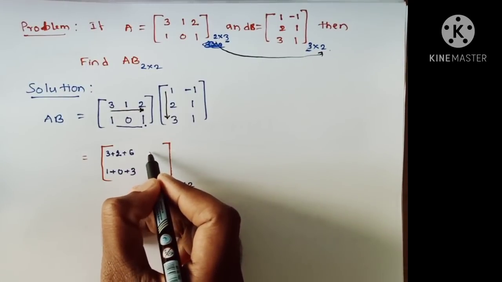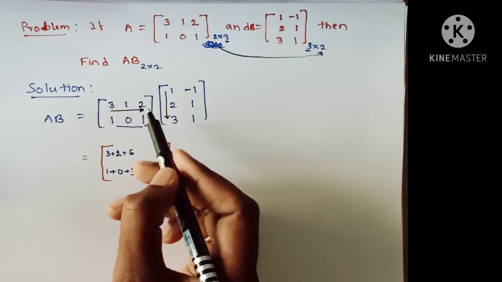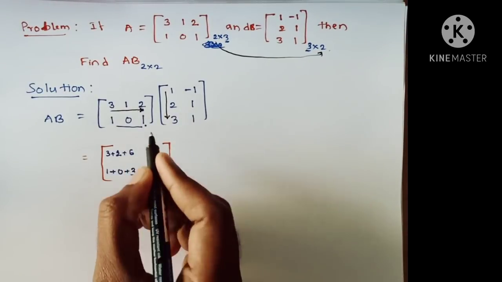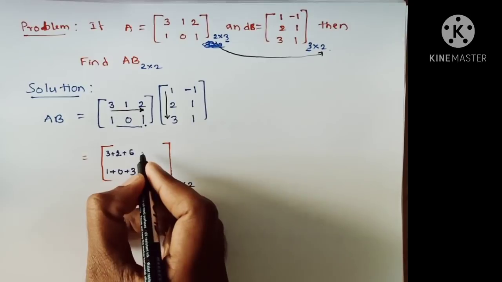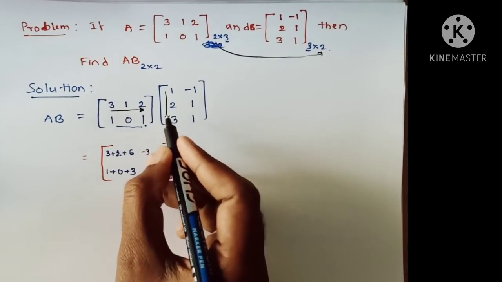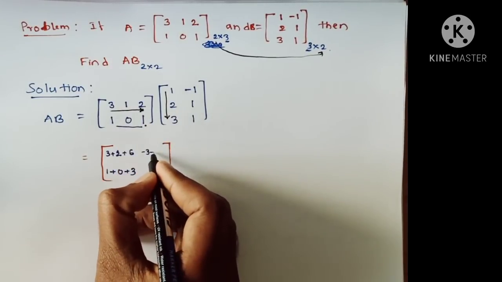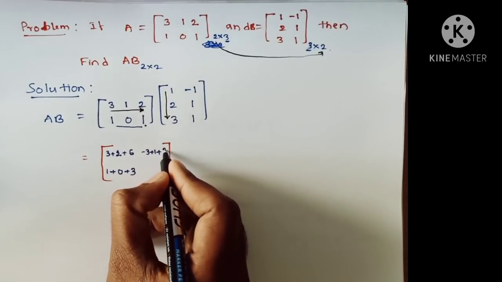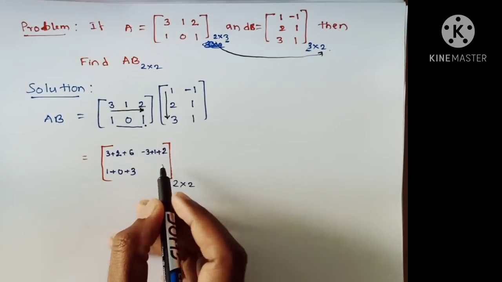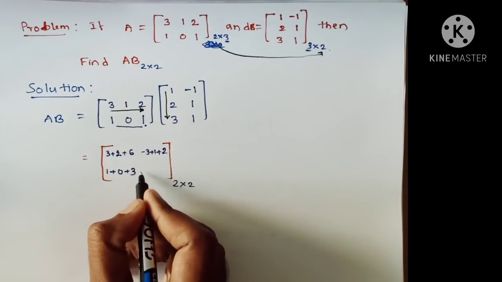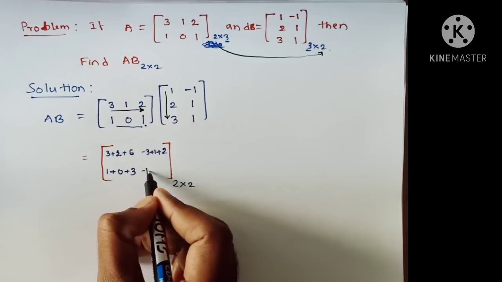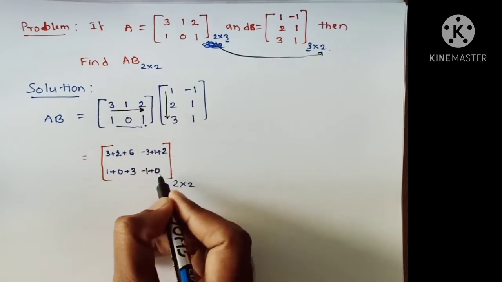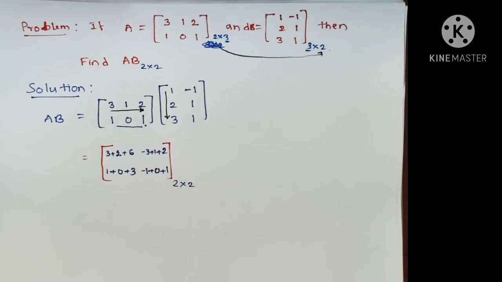Similarly, we get this element by multiplying the corresponding elements of the first row with the second column. That is 3 into minus 1, minus 3, plus 1 into 1, 1, plus 2 into 1, that is 2. And this is 1 into minus 1, minus 1, plus 0 into 1, 0, plus 1 into 1, 1.